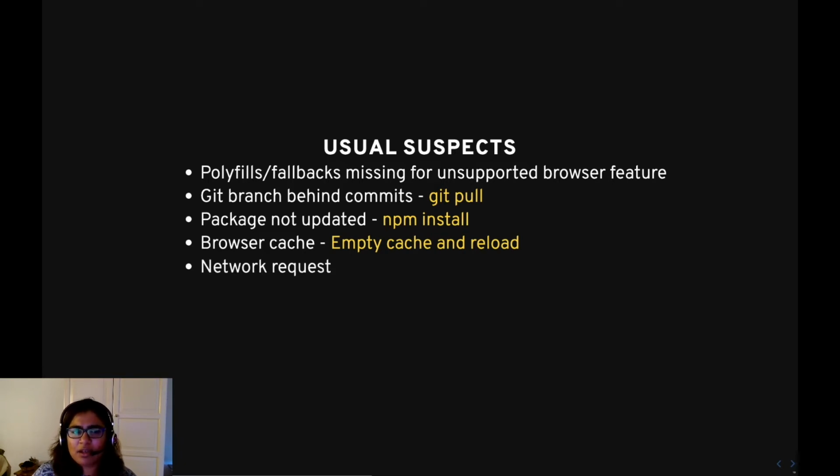Then the next cause would be a network request failure, or even a token expiry, and your API will give you some authentication errors, and your UI will behave differently. So these are some usual checks that you can do before you jump into solving an issue.